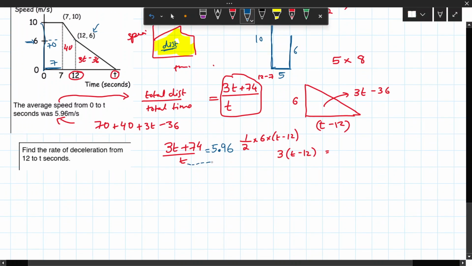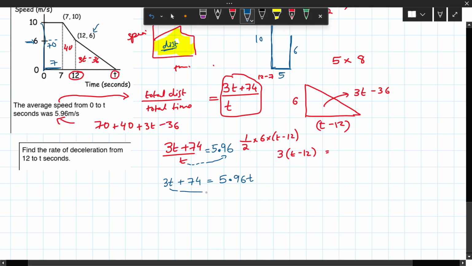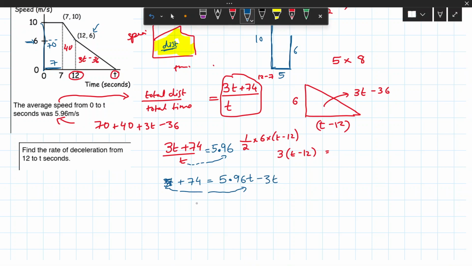I could multiply this T onto the numerator on the left, so I get 3T plus 74 is equal to 5.96T. So I could kick this 3T onto the other side, so it becomes minus 3T, and it's gone from there.